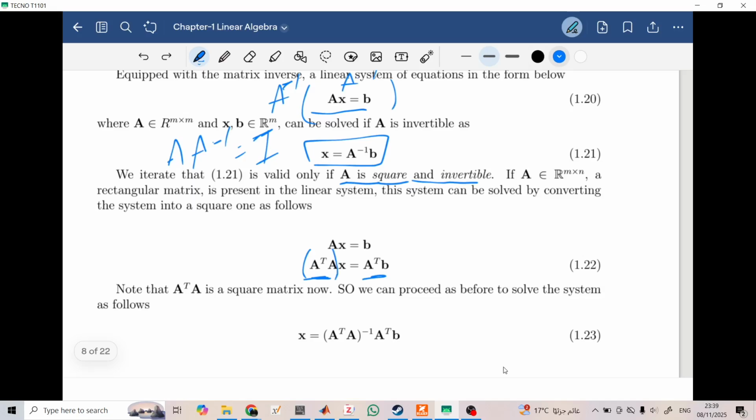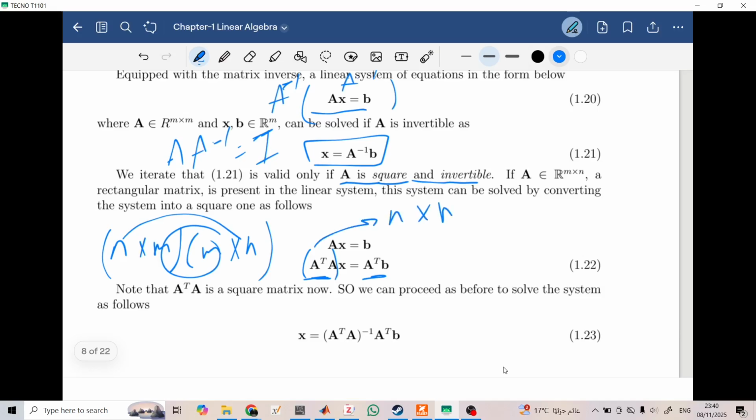Sorry, let's do it again. So here it's A transpose, right? So it's n times m multiplied by the original matrix m times n, right? So they are compatible. Now we get n by n. So this is an n by n system, right? And this would be n times m, and the b is m times 1, so we get n times 1, right?